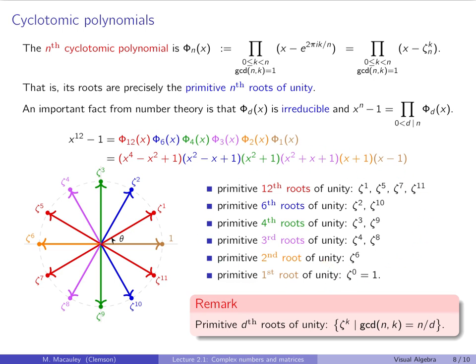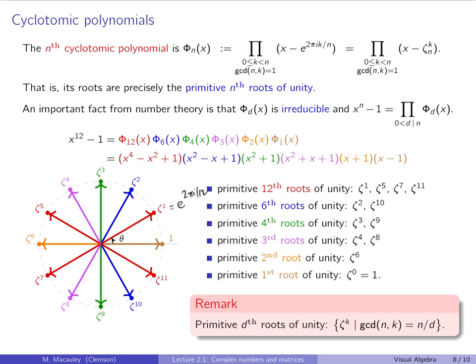And just a remark on the primitive dth roots of unity: I don't have this formula memorized. I have to wrap my head around it every time. But there is a nice formula for them. They are the kth power of zeta. Remember, zeta is this first one, e to the 2 pi i over 12.